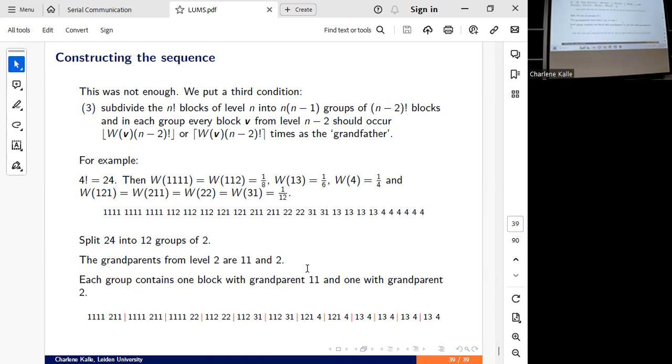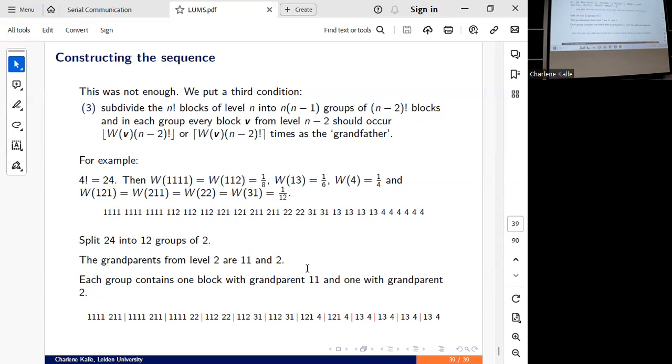So what we did was, if you look at the n factorial, we split them into n times n minus 1 groups of n minus 2 factorial words. And then within each of these groups, we have to have a representative of all the words in level n minus 2. So for example, if you look at the words from level 4, these are these words.